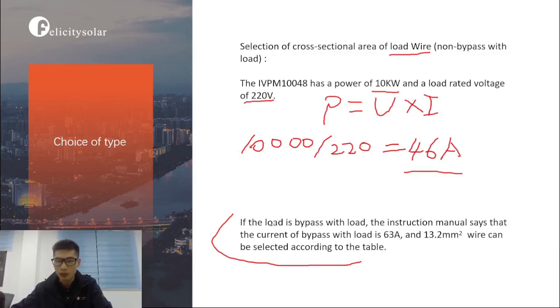So if the load is bypassed with load, then you can just use the 13.2 size. You don't need to do the calculation. But if it's non-bypassed with the load, then you have to do the calculation to know the current first. Okay? Now we're going to move on.